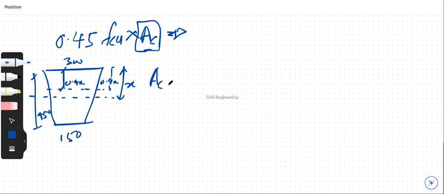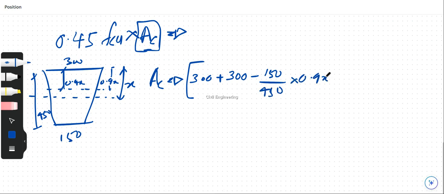The area is equal to 0.3 plus this length. How can we find this length? I will take this 0.3 as 300, as you can take all the values in millimeters. To find this length, we can find it by 300 minus 150 over 450 millimeters into 0.9x.